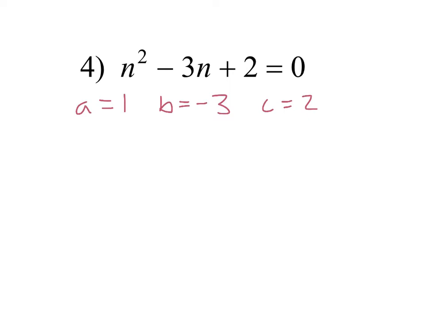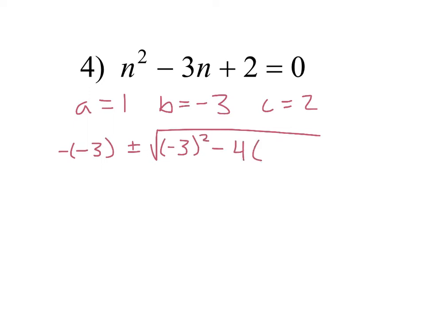Angela, what do you get when you plug it in? 3 plus or minus the square root and then -3 to the power of 2 minus 4 times 1 times 2. And what goes on the bottom? 2.